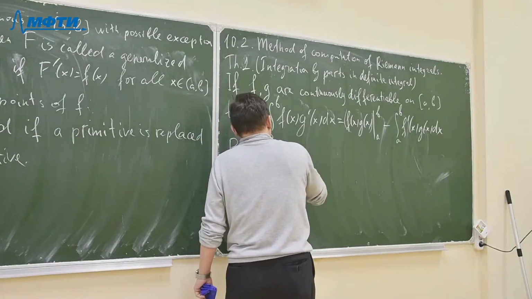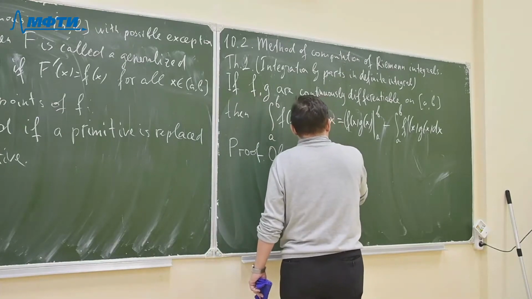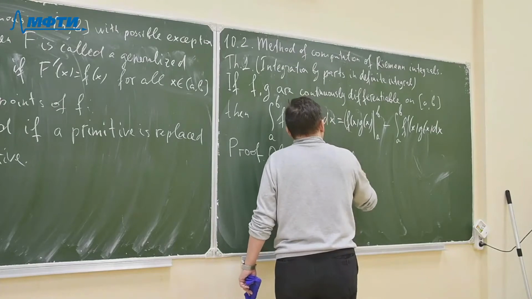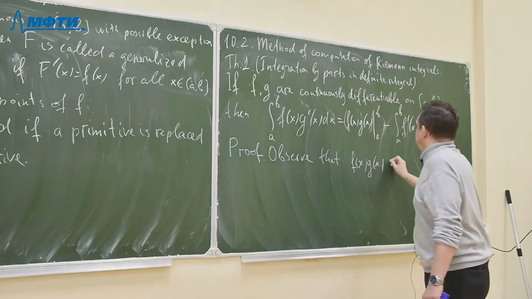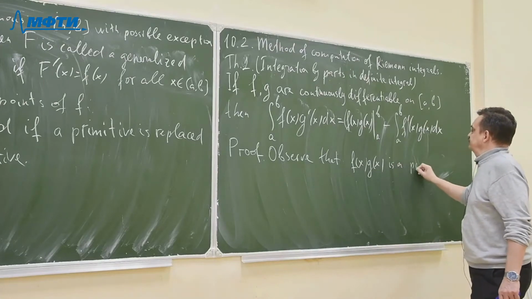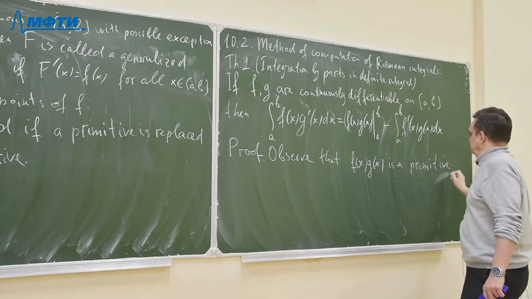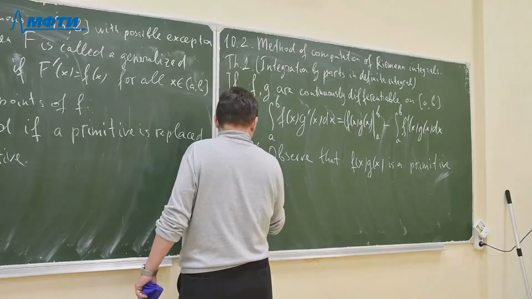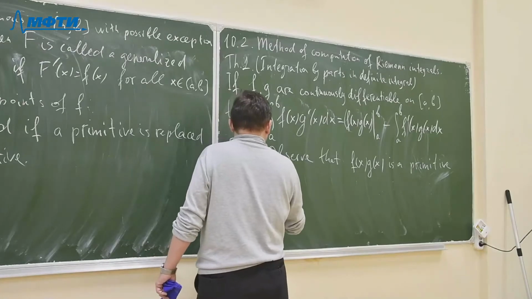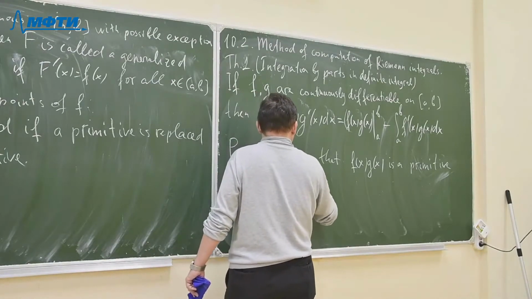Observe that f of x times g of x is a primitive of f prime of x g of x plus f of x g prime of x.